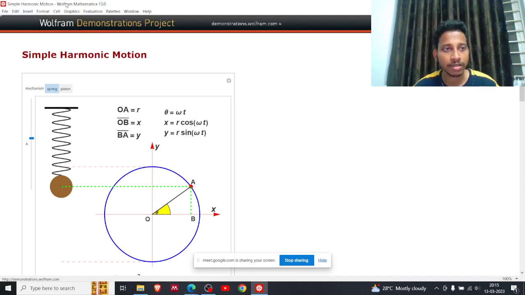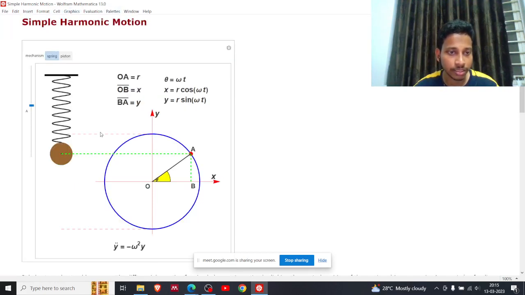It is available on the website of Wolfram. If you search simple harmonic motion demonstration in Wolfram Mathematica, you will get this. So from there I have downloaded it. Now here you can see two kinds of simple harmonic motion, spring and piston, where this particular bead is actually showing the position of A in this circular motion.